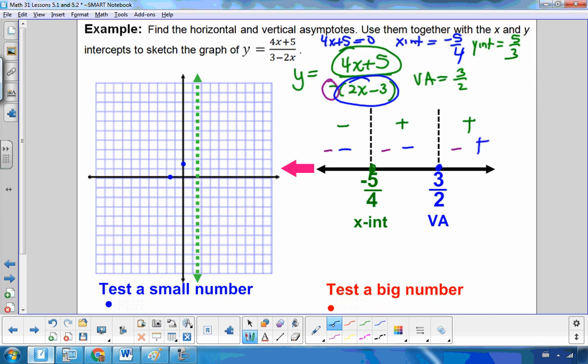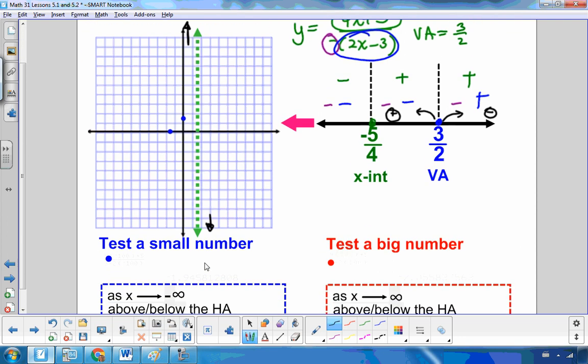My denominator is 0 right here: to the left it will be negative, to the right it will be positive. To the left of my vertical asymptote, two negatives make it positive. To the right of my vertical asymptote, that's negative, so I'll be going to negative infinity.